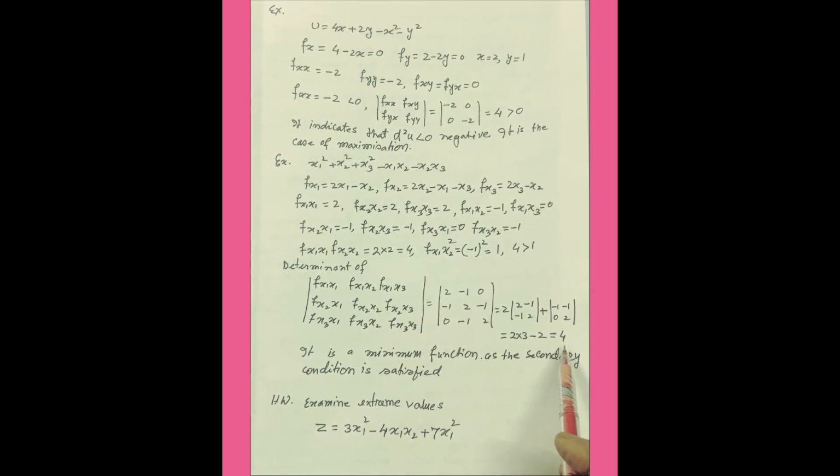So determinant of this will be equal to 4. So it is a minimization function as the second order condition is satisfied.